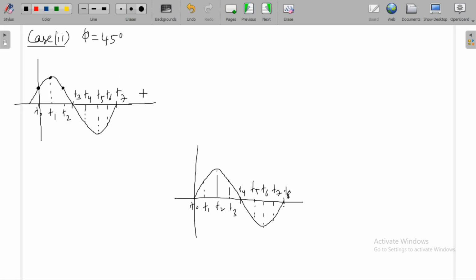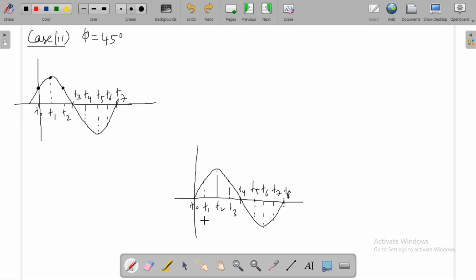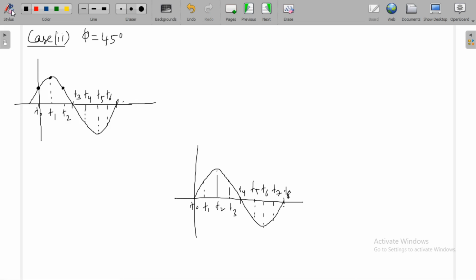You can also take this instant. This instant will be T8. This will be T7.